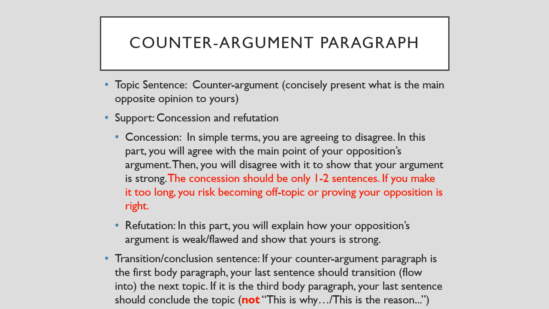In my case, from the example that I used, I had 2 counter arguments that I presented in my tutorial. Remember that my topic that I'm working on for demonstration purposes is that COVID-19, the global pandemic, has positively influenced the environment, right?